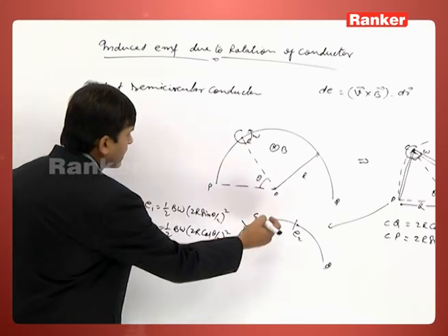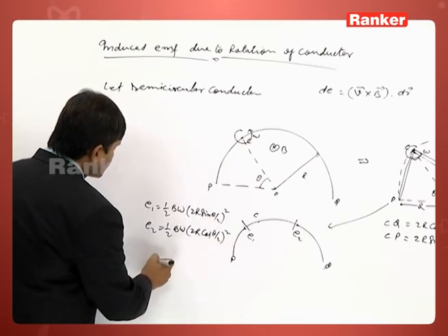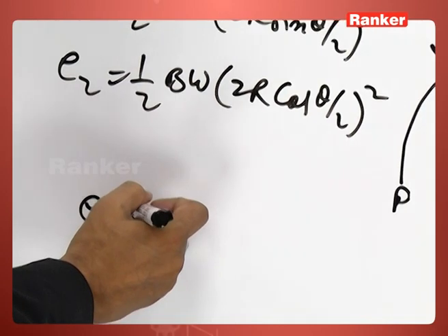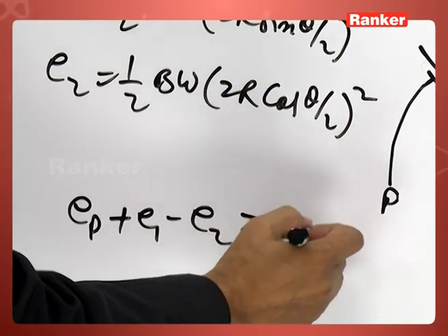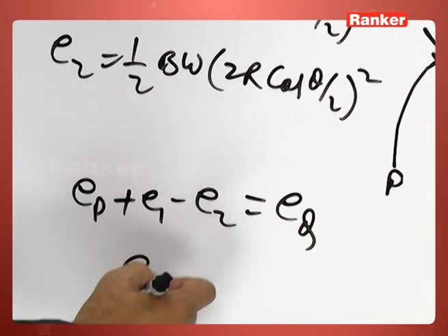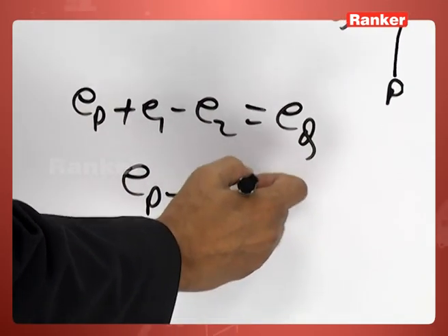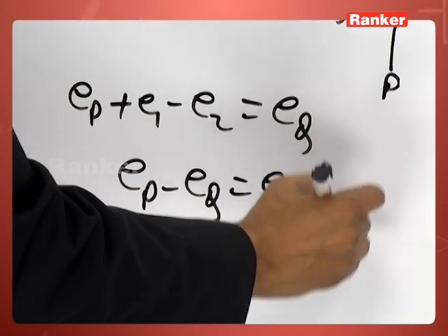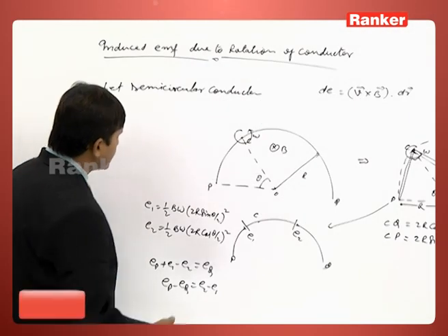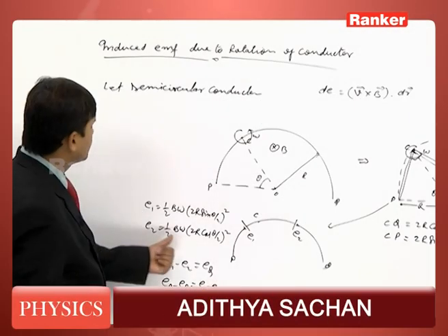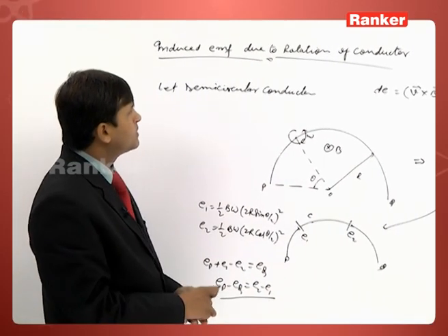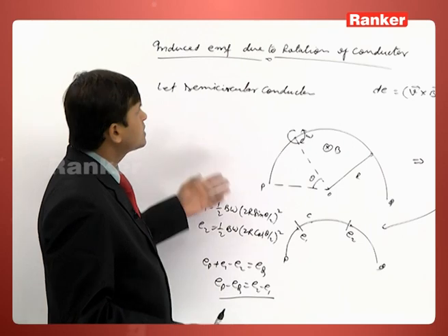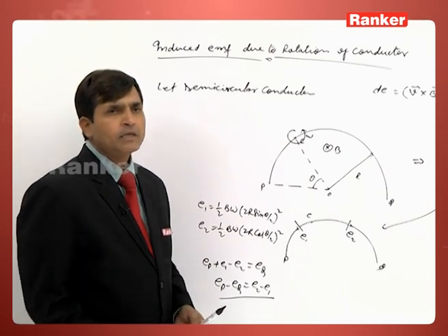Then apply Kirchhoff's law here. So EP plus E1 minus E2 is equal to EQ. So EP minus EQ is E2 minus E1, and we can calculate the value after putting in these values. So in this manner we can calculate the induced EMF due to rotation of a conductor.